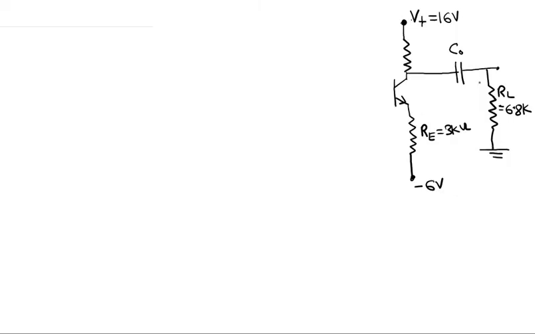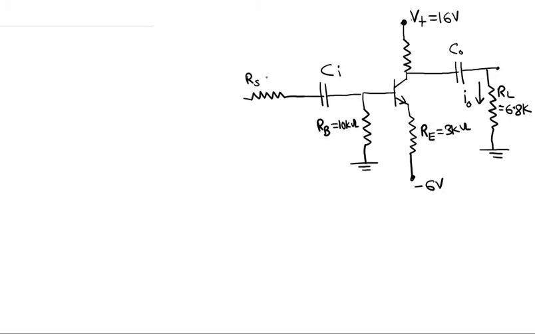And across RL we have this output current I0, and then connected to the base we have a resistor RB, which is grounded, and RB is equal to 10 kilo ohms, and then we have this coupling capacitor Ci, and then the source resistance of 0.5 kilo ohms is present, and then this source voltage is present, and this is the AC voltage that we have to amplify.